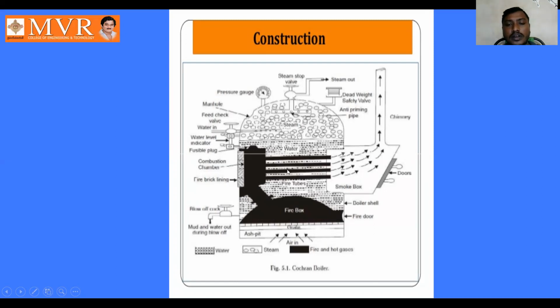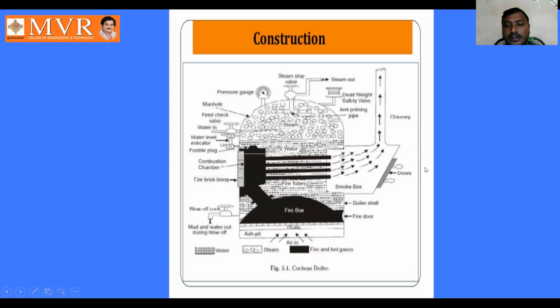In these fire tubes the heating fire enters, and the water circulates around these tubes. After that, the gases are formed, and the gases go out to the atmosphere through this chimney.